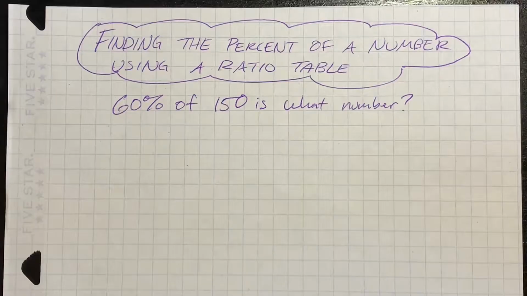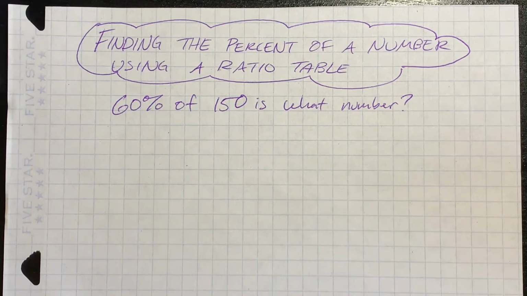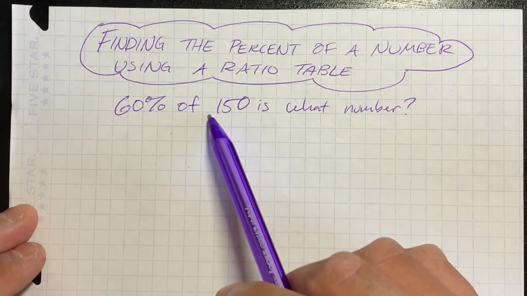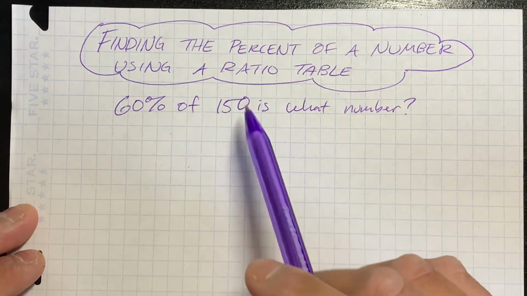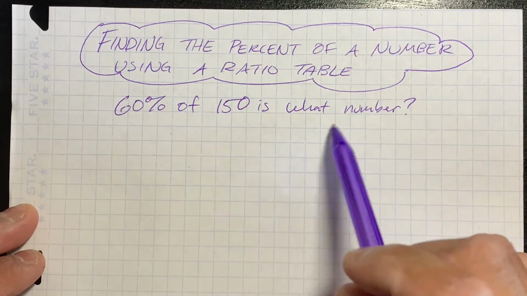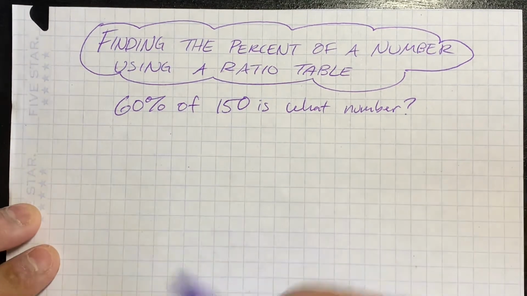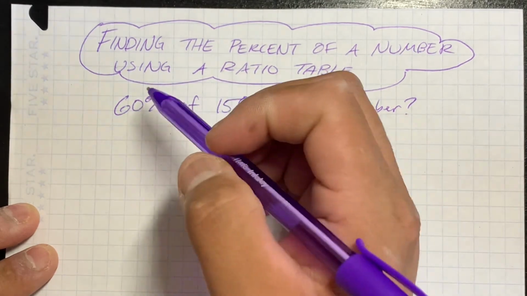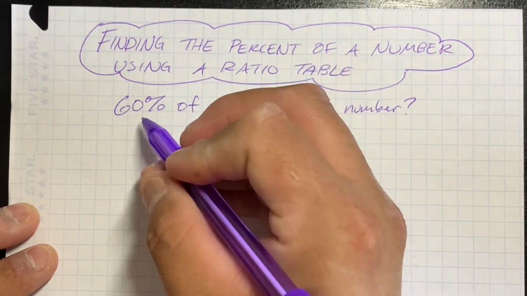All right, so with this next example, we're going to find the percent of a number using a ratio table. So the problem is we want to find out what is 60% of 150, and we want to know what number that is. So 60% of 150 is what number? Now again, let's go ahead and set this up as a fraction.